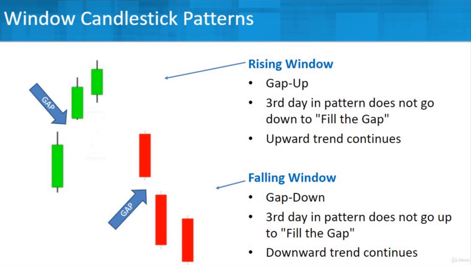It doesn't go up to fill the gap and maintain that overlap. It's going to keep going down. And so that's a falling window, and really a confirmation that the gap is a true gap, that a trend is being established, and that trend is going to continue.